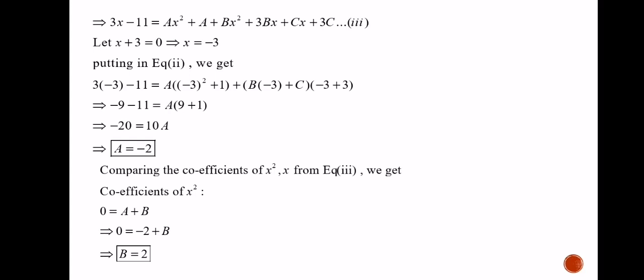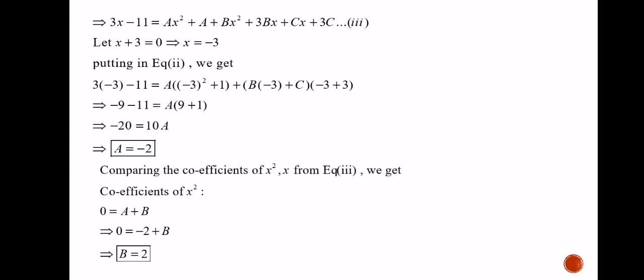So we start comparing the coefficients of x square and x. Since we have two unknowns, we will have to compare the coefficients with respect to their powers for finding the values of b and c.